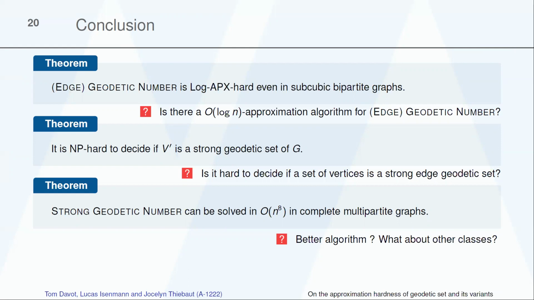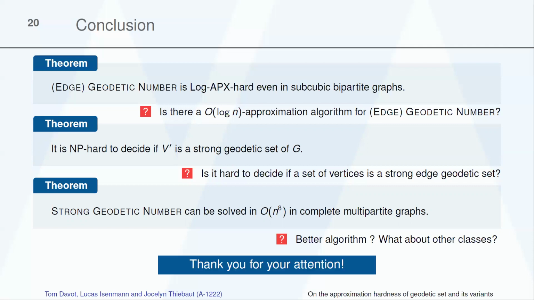We can also consider other classes of graphs where it's maybe polynomial time solvable. And of course, we can look for parameterized complexity too. I don't think it has been studied in the parameterized complexity area, but maybe it would be worth a look. So thank you for your attention.